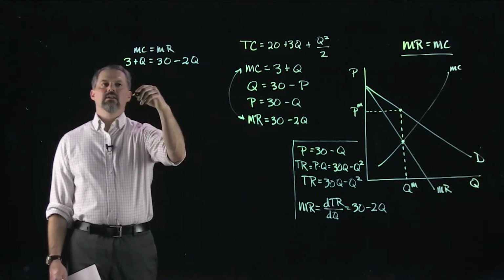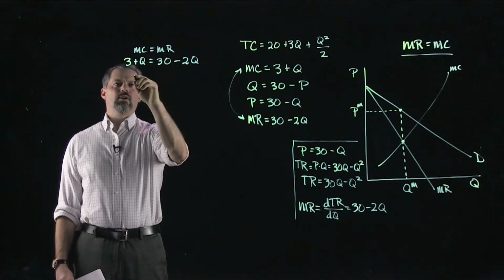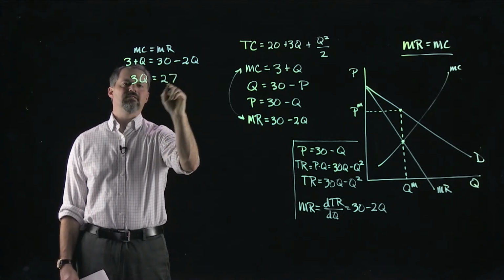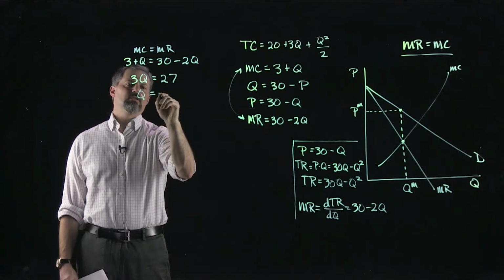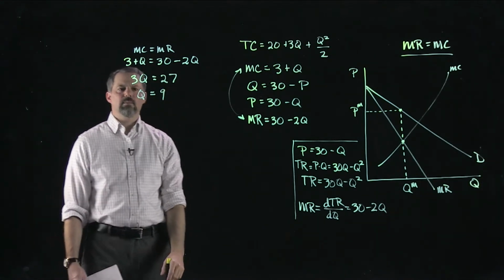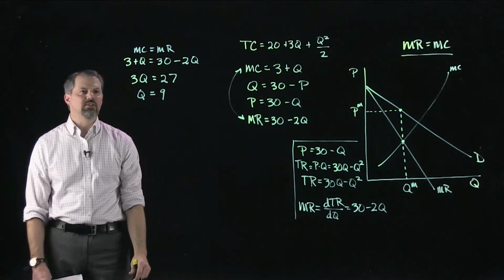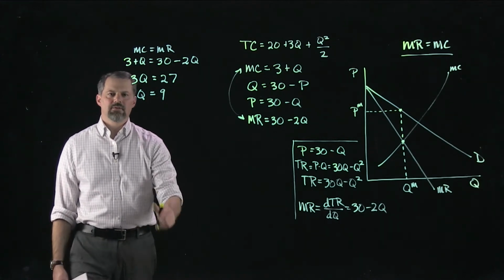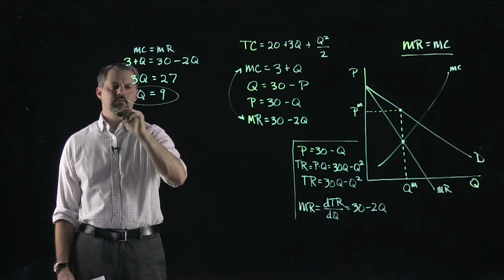So if we manipulate this, we're going to get 3Q is equal to 27. Q is equal to, what is that? 27 divided by 3, 9. Yeah, Q is equal to 9. So that's the first step.